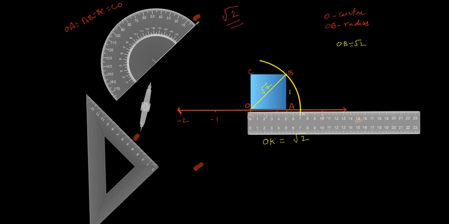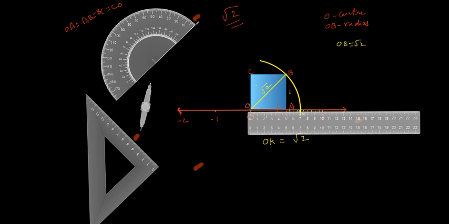Okay, now you observe, I divide the second unit into 10 parts. One, two, three, four, five, 6, 7, 8, 9 and 10.